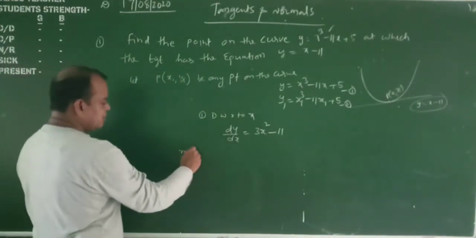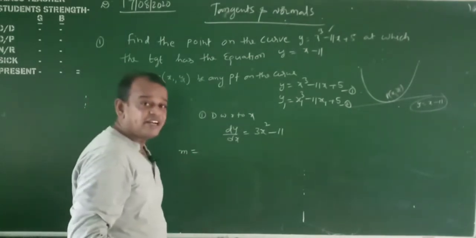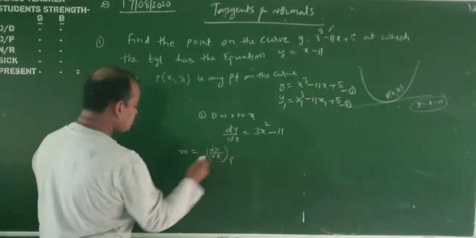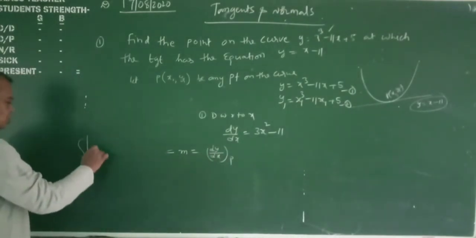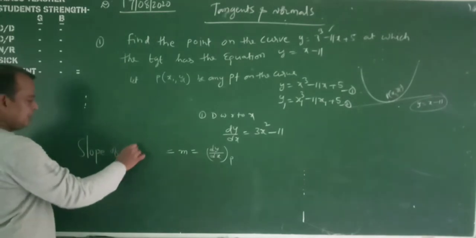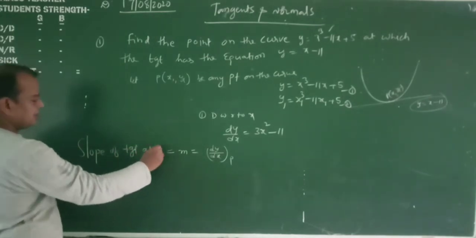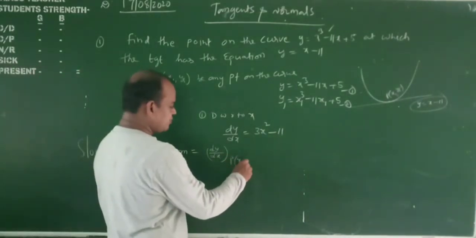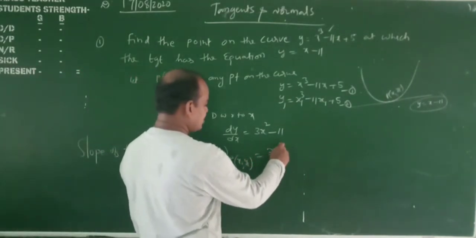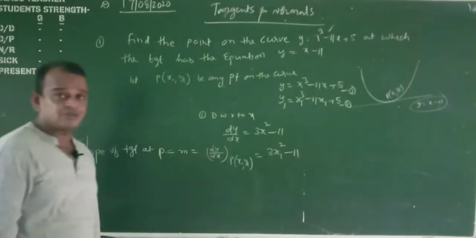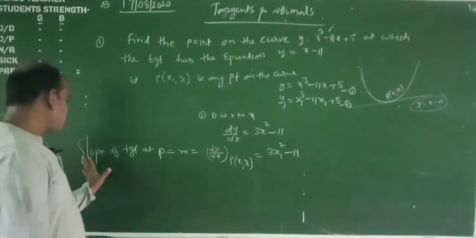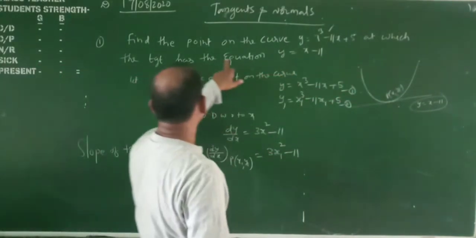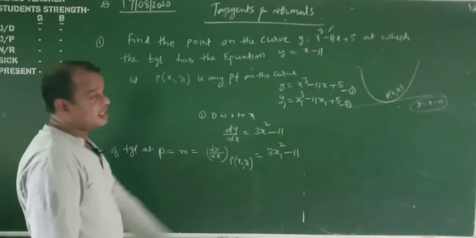Now m is the slope of the tangent at P, m is equal to dy by dx at P. With P as (x1, y1), substitute: 3x1 square minus 11. Now here is the slope of the tangent, but at the same point, the tangent is given.